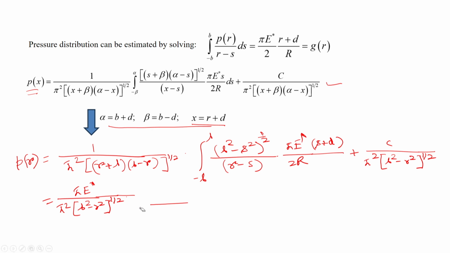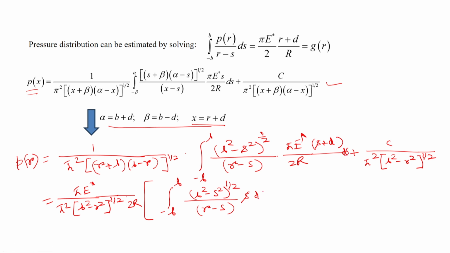So, it is 2 into r and then bracket, minus b to b, and here it is b square minus s square, it is half, and here it is r minus s. Oh, sorry about that, here I should have the ds.